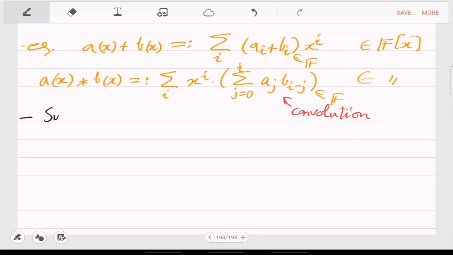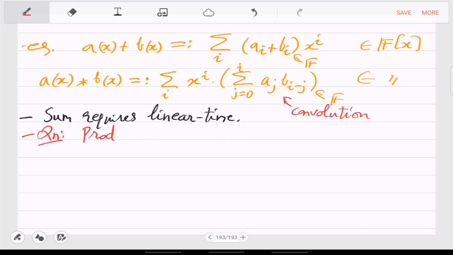So basically sum requires linear time, and the question you can ask is, does product also require actually quadratic time?